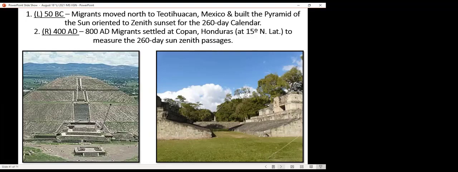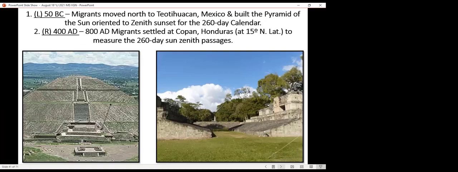The pyramid of the moon, pyramid of the sun, to the zenith sunset for the 260-day calendar. They also had the cubit standard measure here, and my comparison with the Izapa map is compelling evidence for influencing the settlement of Teotihuacan.